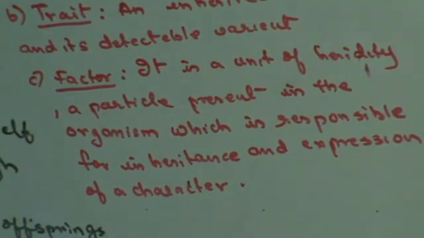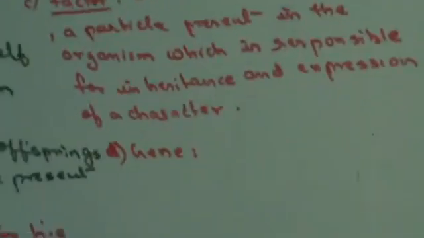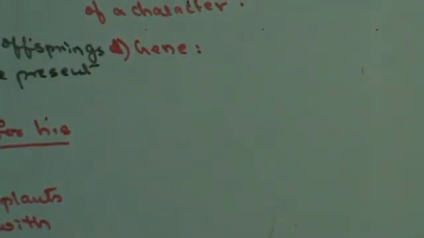Okay. Next, what do we understand by gene? It is a particular segment of DNA which is responsible for inheritance and expression of character. This term gene was coined by the biologist Johansen. Okay. So what is gene?